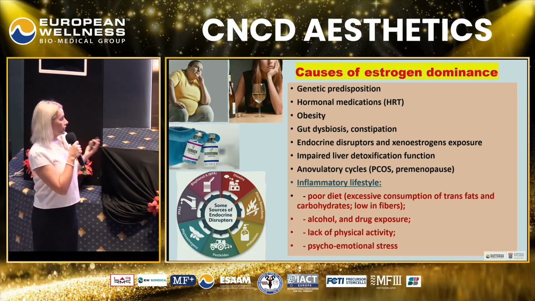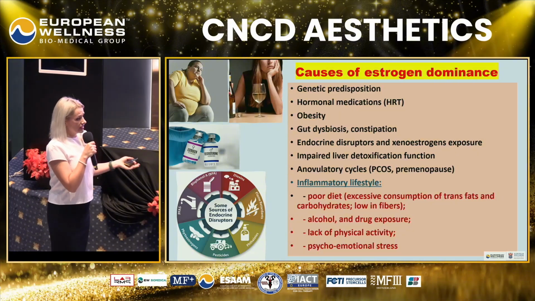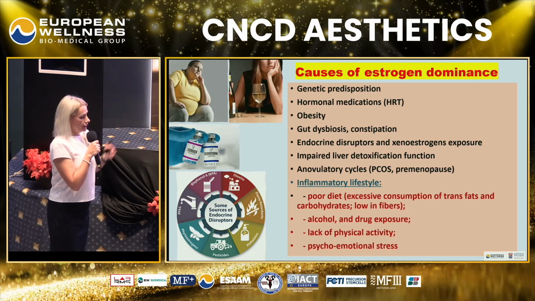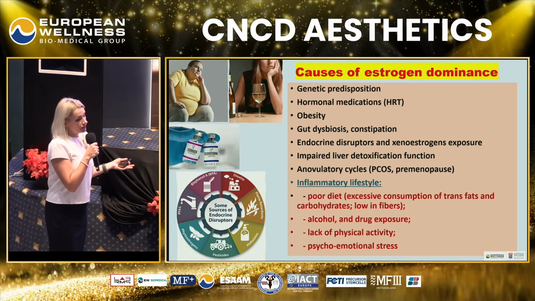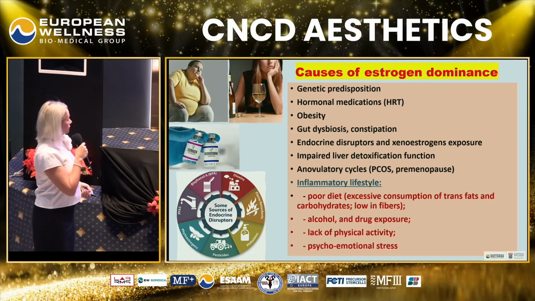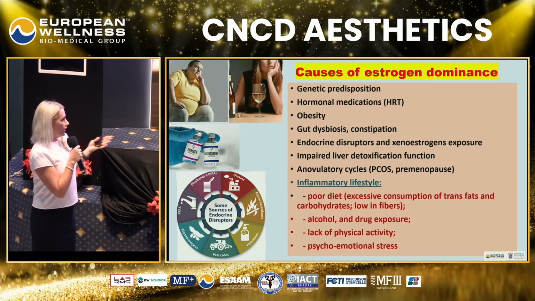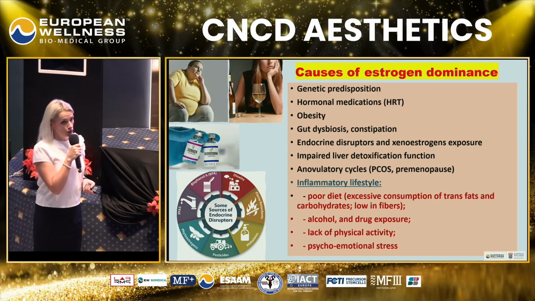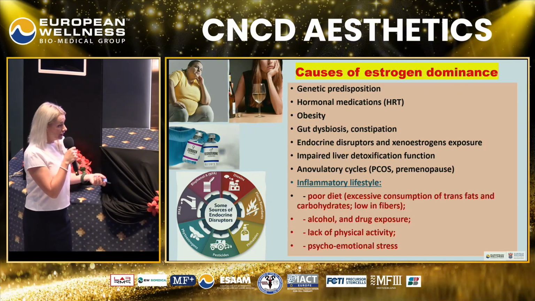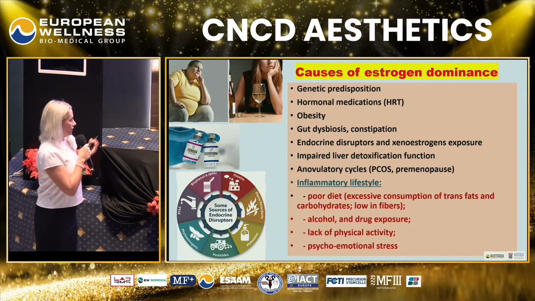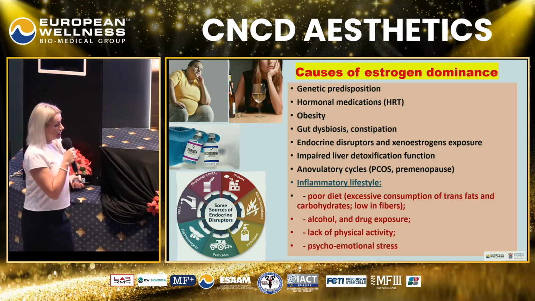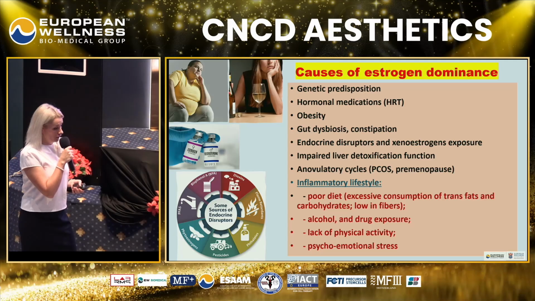Hormonal medication, hormone replacement therapies. Obesity also has quite a clear mechanism, because there is an excess of subcutaneous fat and the reaction of aromatization, so an excessive amount of estrogen is produced in the peripheral organs. Gut dysbiosis and constipation. Here the mechanism is an excess of beta-glucuronidase produced by those strains of bacteria, due to, for example, like I said, syndrome of intestinal bacterial overgrowth or syndrome of fungal overgrowth.